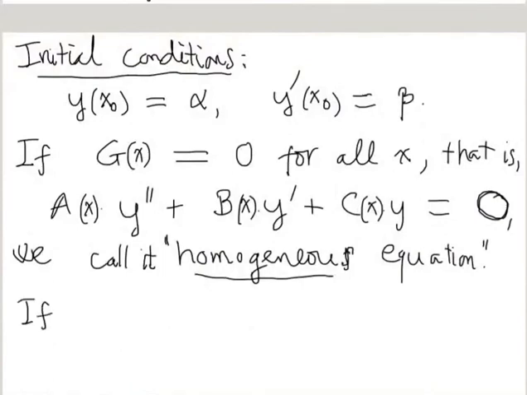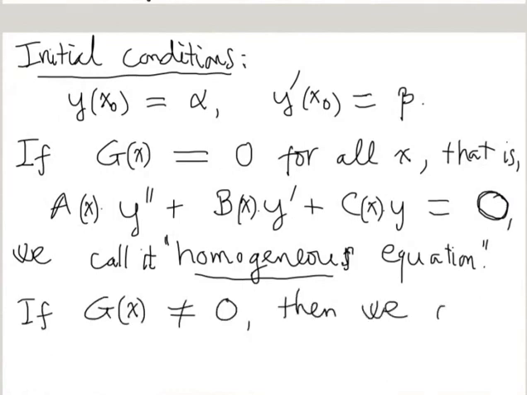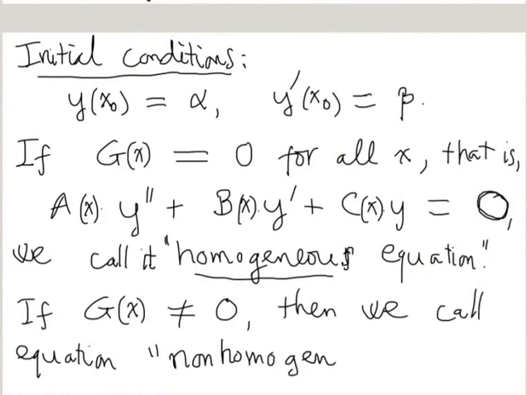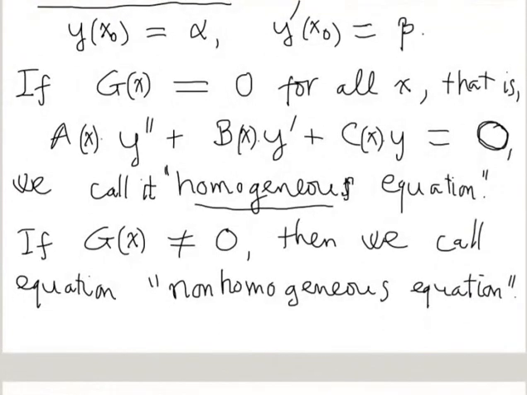On the other hand, if g(x) is not zero, then we call the equation non-homogeneous. Some people call it inhomogeneous equation. But essentially what it means is that on the right hand side, instead of zero, we have a function of x.